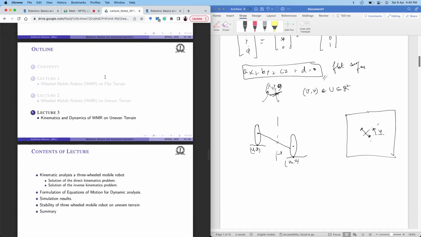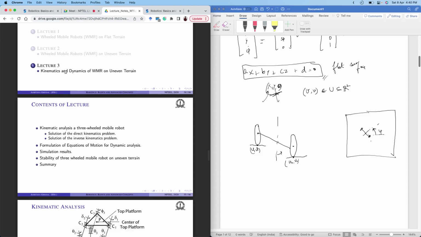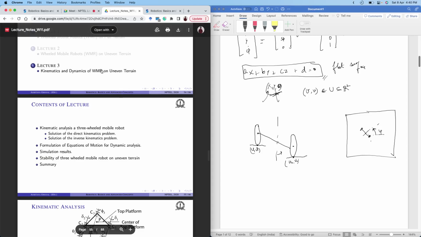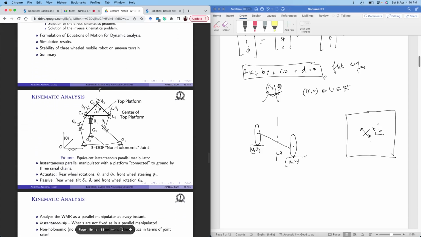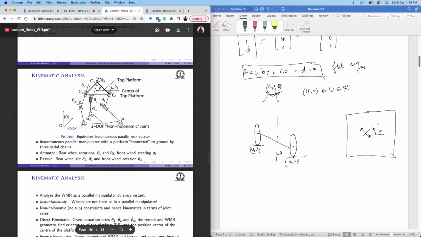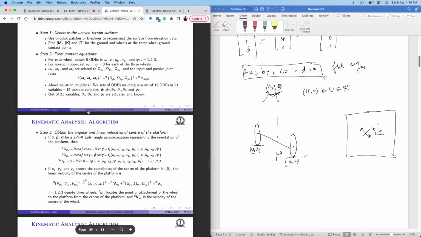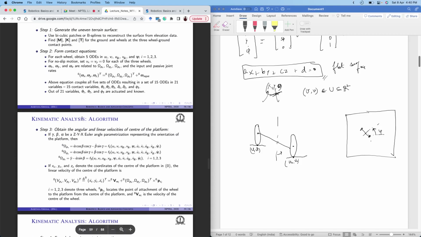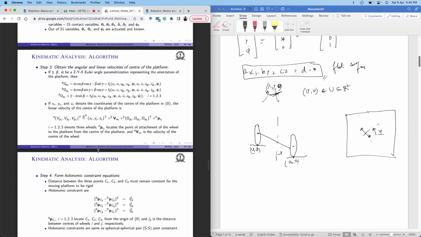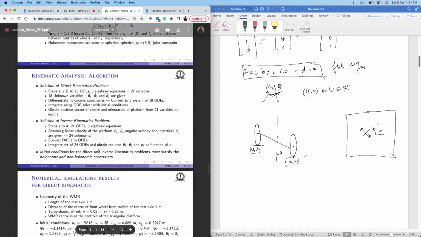And then the last lecture talked about kinematics and dynamics of WMR on uneven terrain. So full kinematics and dynamics, starting with the 3-DOF model, and then analysis of this. Basically getting all the equations necessary, all the representations, and for writing the dynamics of the system, using Lagrange's method.